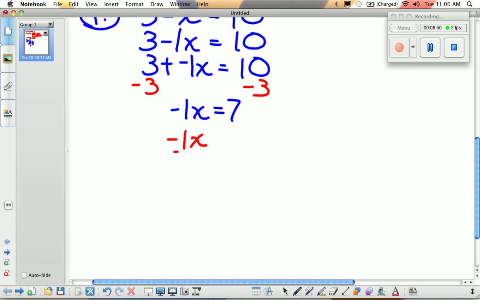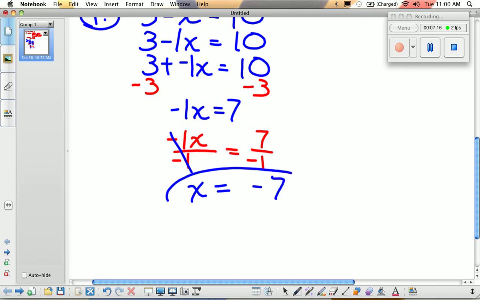Now we're not dividing by x, we're only dividing by what the x is being multiplied by, and we have to do it to both sides. On the left side, negative 1 divided by negative 1, they cancel each other out. We have x. What's a positive divided by a negative? Negative. And what's 7 divided by 1? 7. There's our solution.